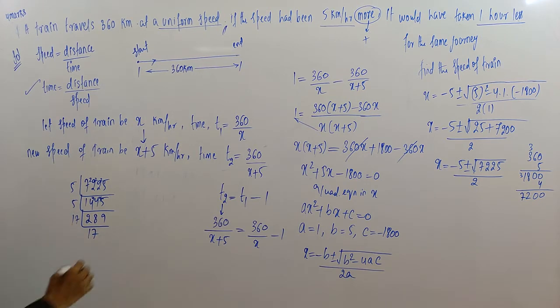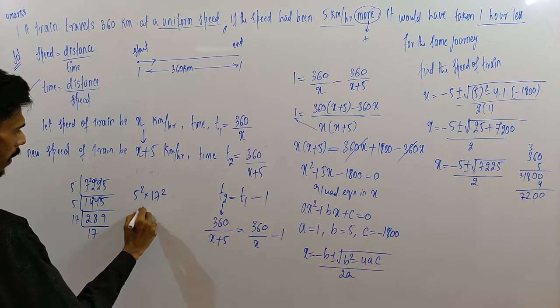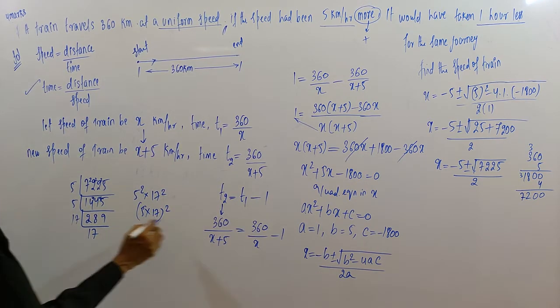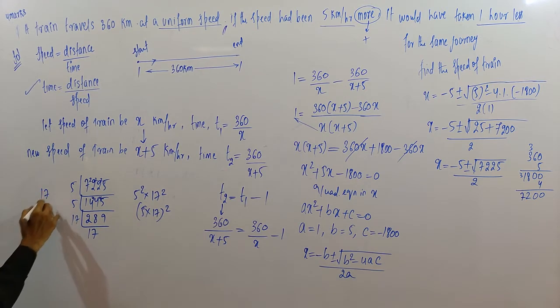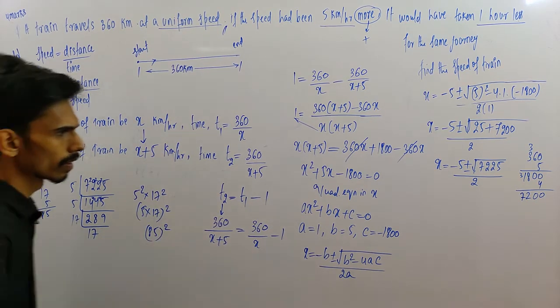So this can be written as 5 square into 17 square. 5 into 17 we have 85. So it will become 85 square.